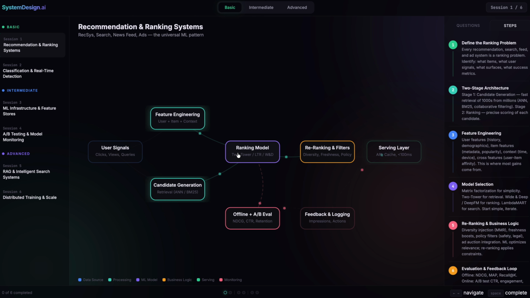Next we go to the ranking model, where we need to identify what they are actually after. Ranking is very important. It is completely different from feature engineering, but it takes the input pattern from feature engineering.